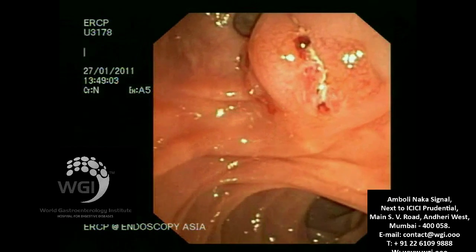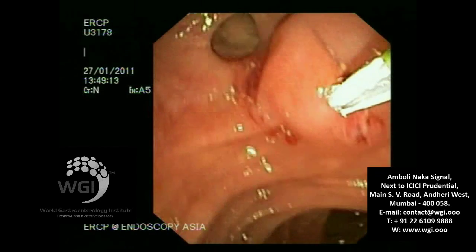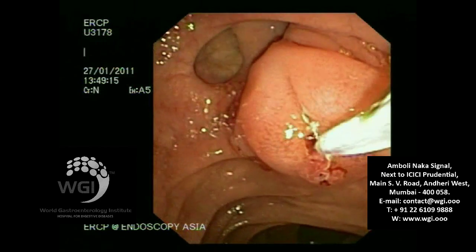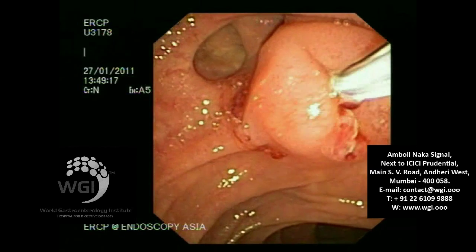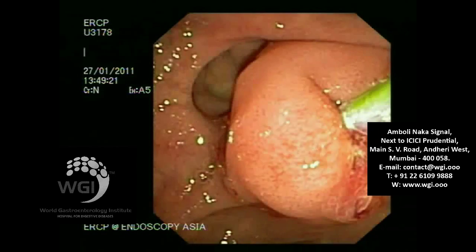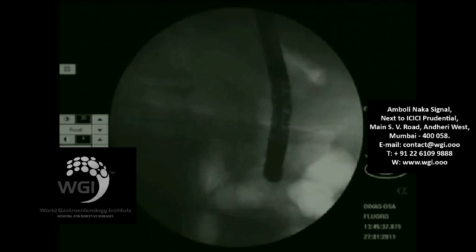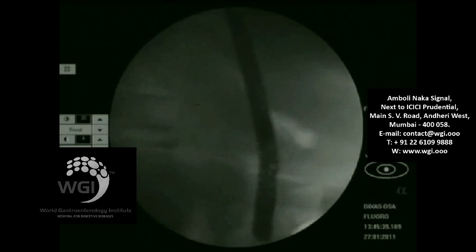So effectively, you can just leave this patient here, it's fine, but it's important to do a formal sphincterotomy, of whatever remaining part of the biliary sphincter, if required. So we are cannulating along with the sphincterotome here, you can see, and it's standard practice.